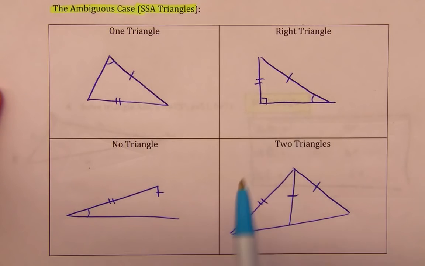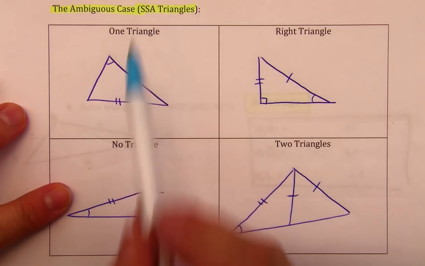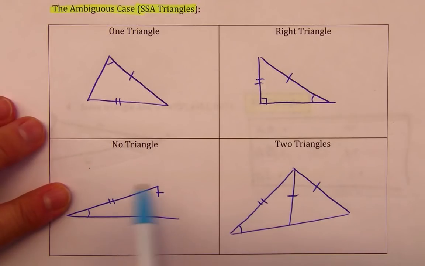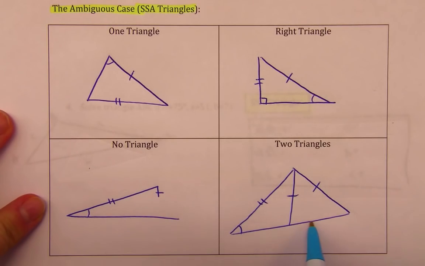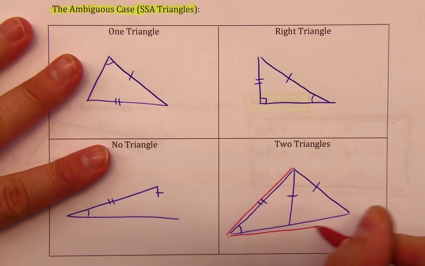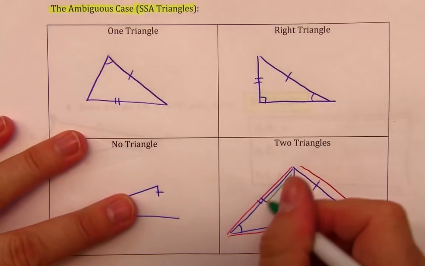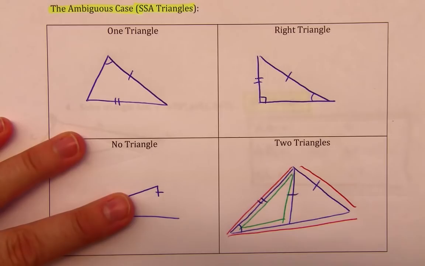It's possible that it could be a right triangle. It's possible that given two sides and an angle not between them, that no triangle exists, and it's possible that two triangles exist. In this case, this triangle and this triangle exist.